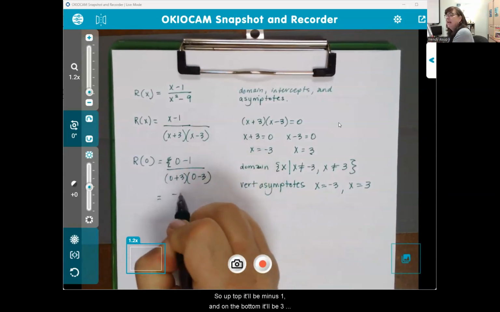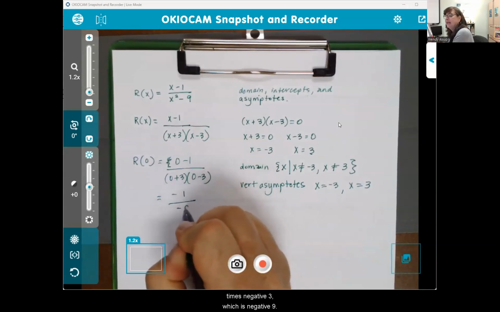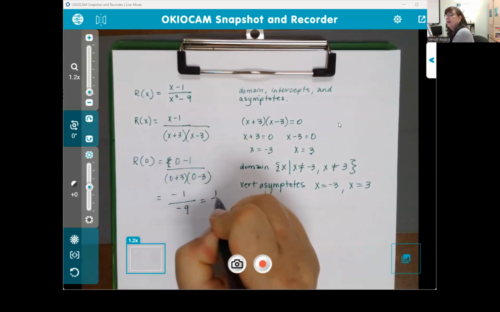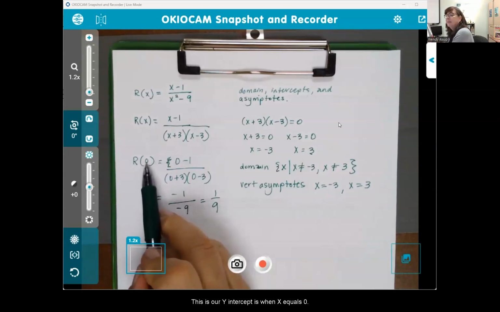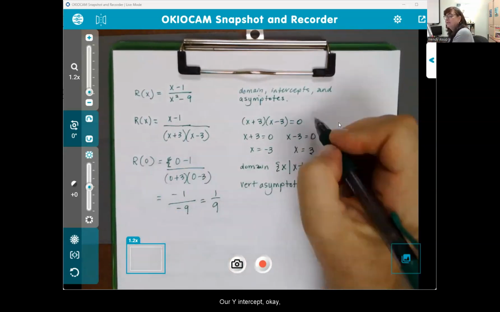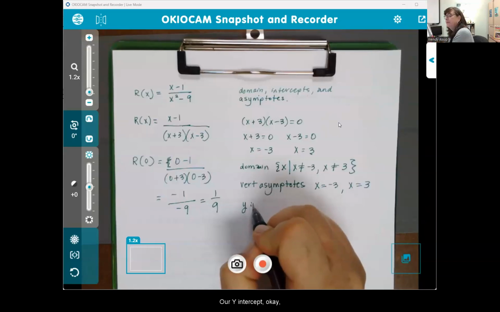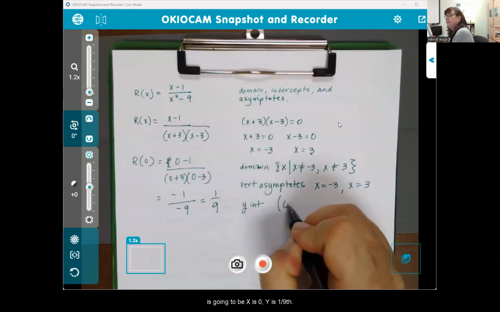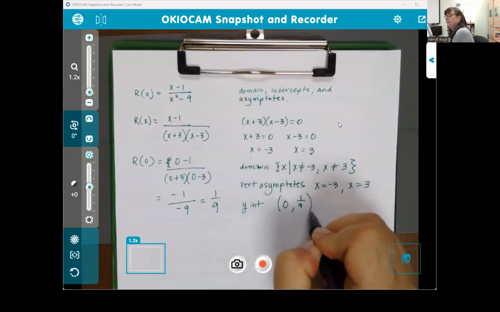So up top, it'll be negative 1. And on the bottom, it'll be 3 times negative 3, which is negative 9. So our y-intercept is when x equals 0. Our y-intercept, okay, is going to be x is 0, y is 1/9.